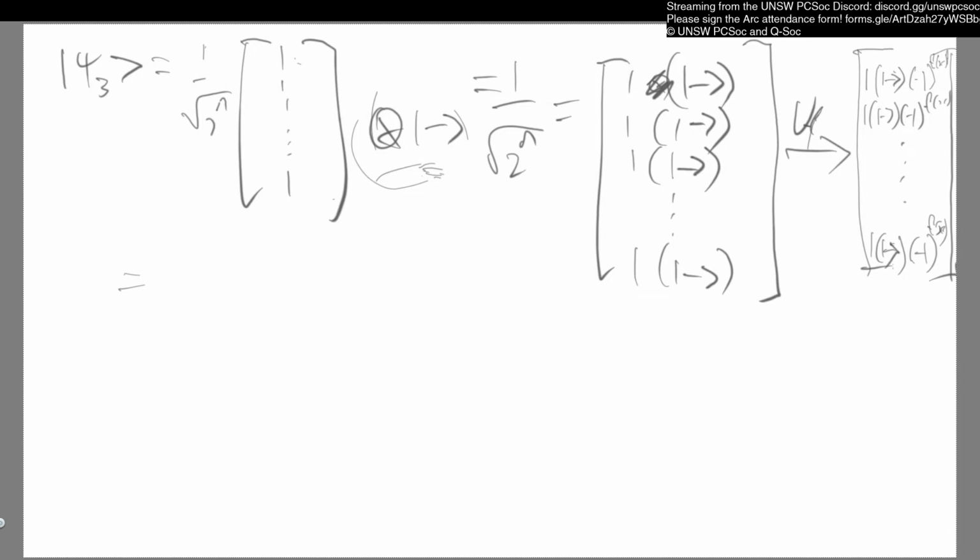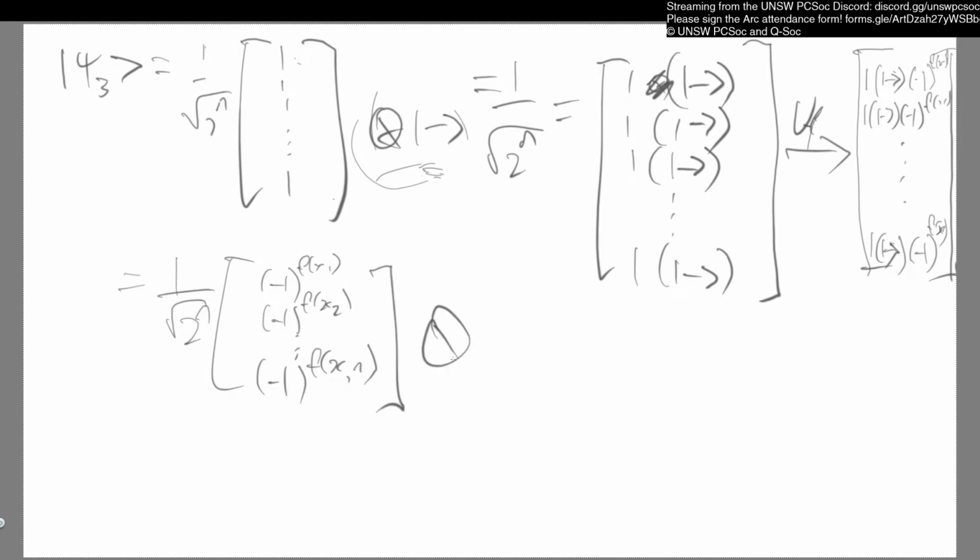We can take out this minus state. So we untensor it, and what you're left with is just 1 times minus 1 to the f of x, which is just minus 1 to the f of x. Minus 1 to the f of x1, minus 1 to the f of x2, dot, dot, dot, minus 1 to the f of x 2 to the power of n, tensor with the ancilla qubit.